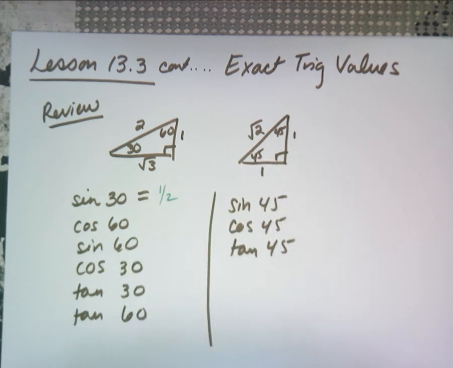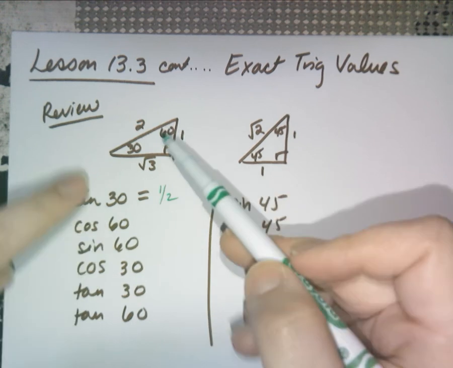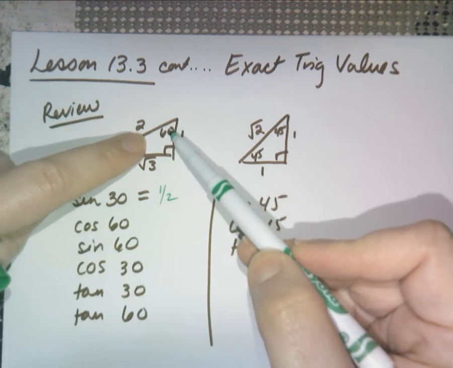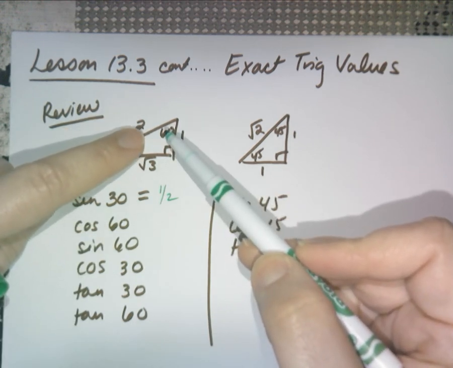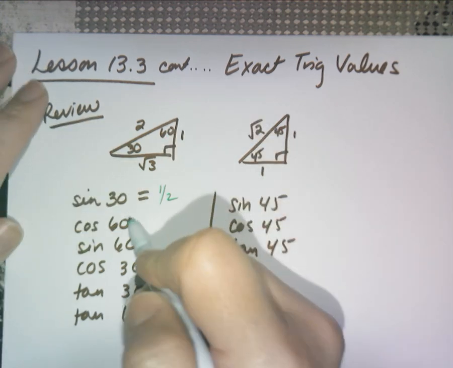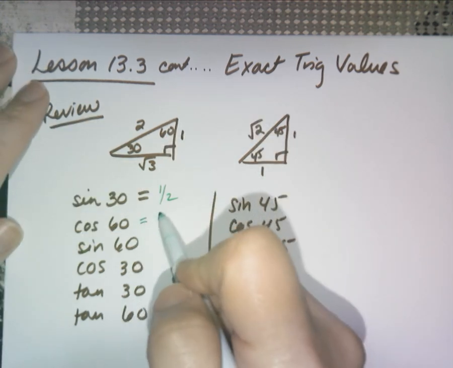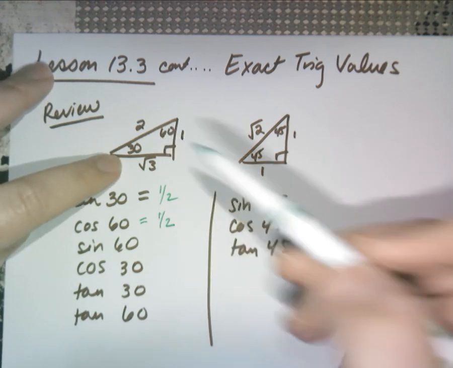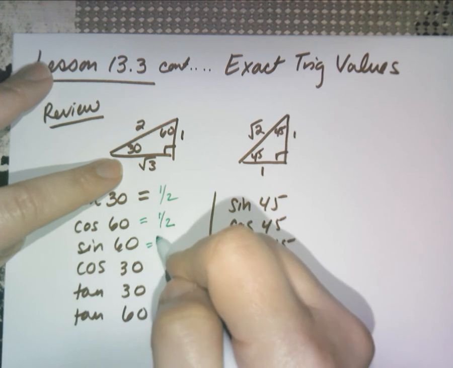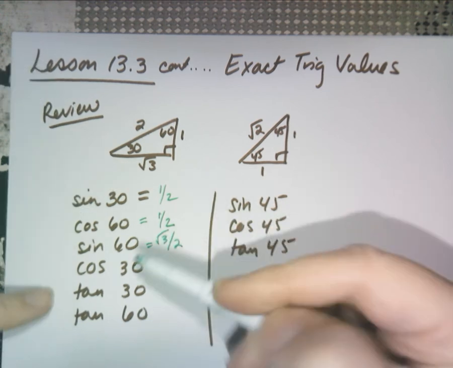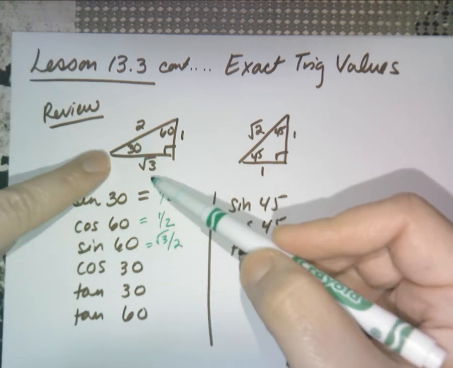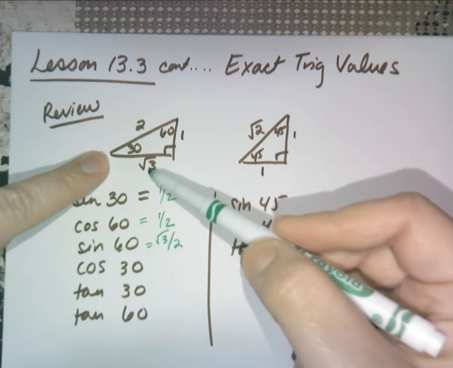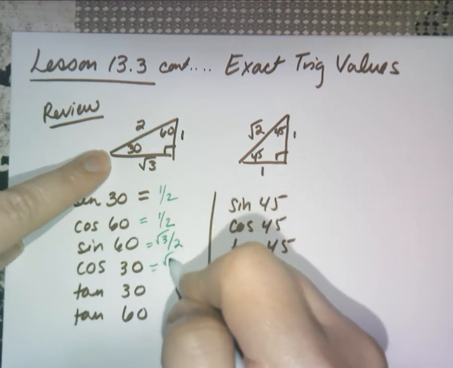If you punched sine 30 in your calculator, it would say 0.5. Cosine at 60: you're standing at 60 degrees. What would be the adjacent over the hypotenuse? Also 1/2. What's the sine at 60? Root 3/2. Good job. What's the cosine at 30? Root 3/2.